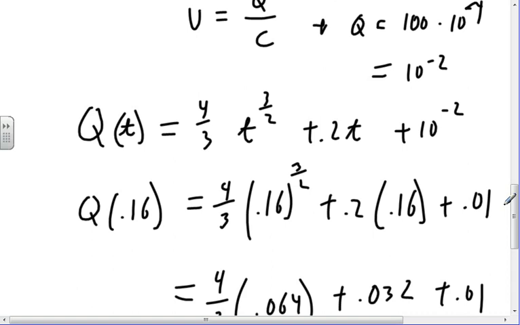I got my mode set at 2 decimal points. And so that was correct, 0.604.